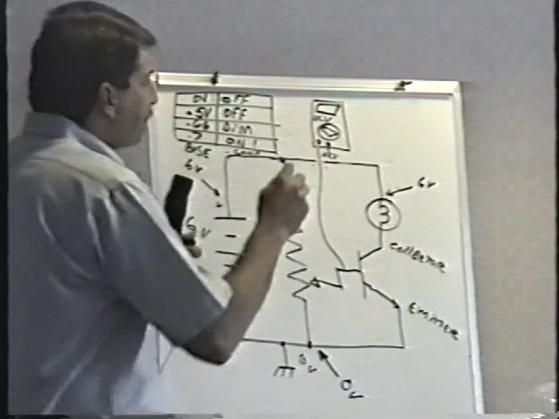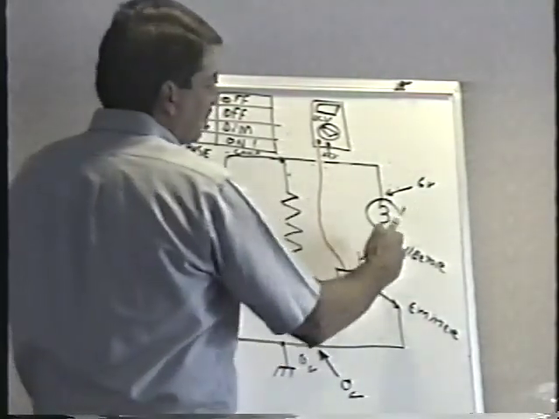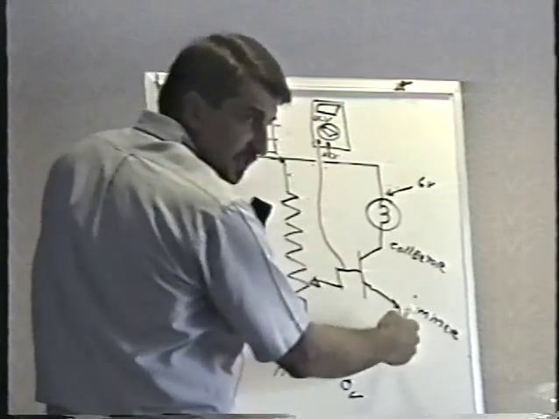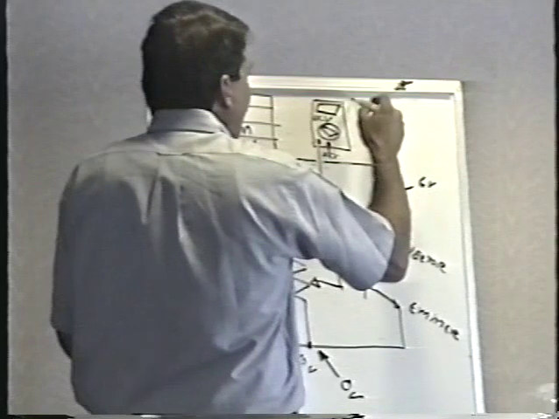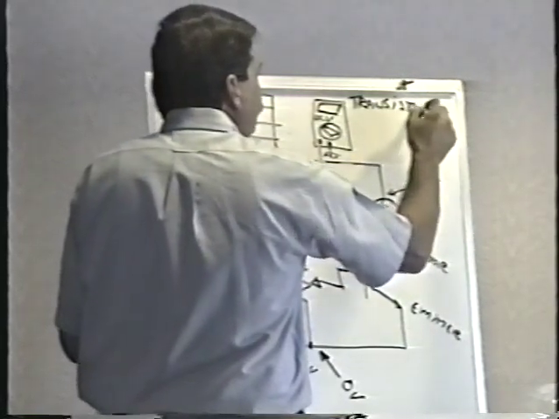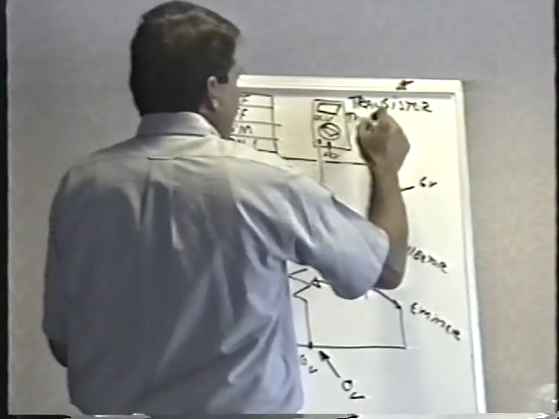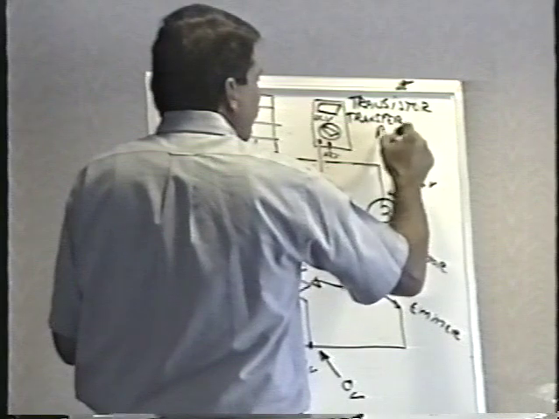In a way, this change in voltage has been transferred into a change of resistance between the collector and emitter. And as a matter of fact, that's where the term transistor came from. Transistor happens to mean transfer resistor.